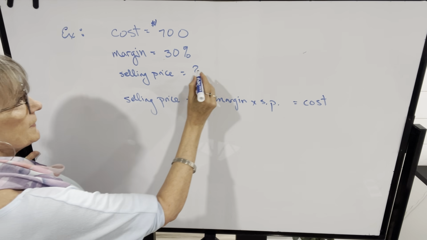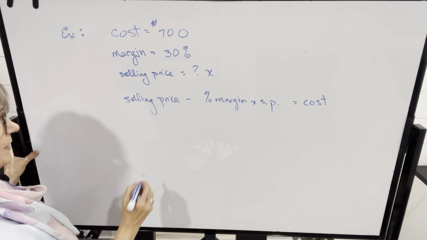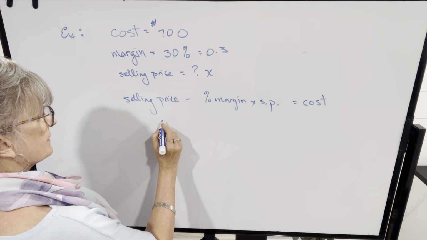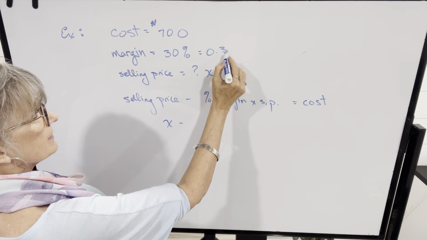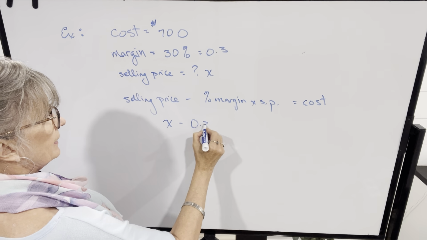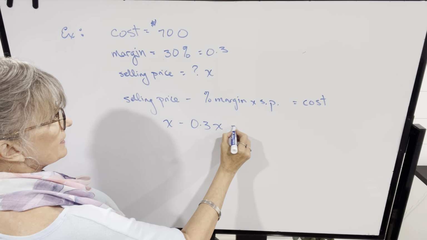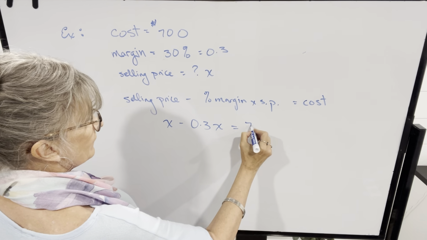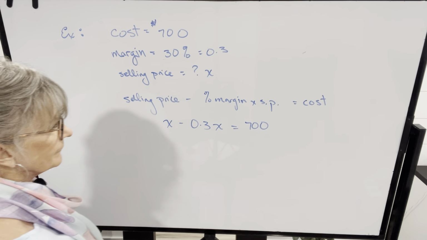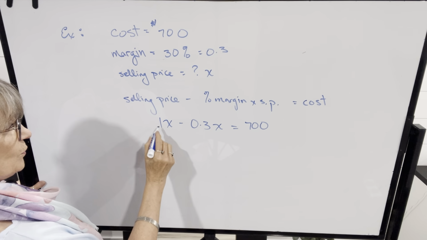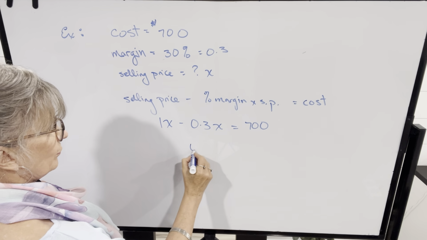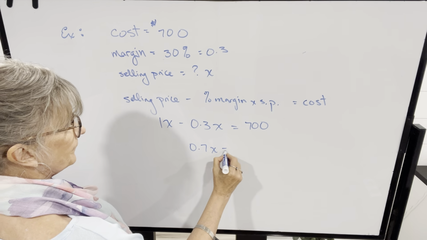And I'm going to let the selling price equal X. So selling price is X minus 30% of X, so 0.3, times the selling price, which is X, equals the cost, which is 700. X means 1x, so 1x minus 0.3x would be 0.7x.